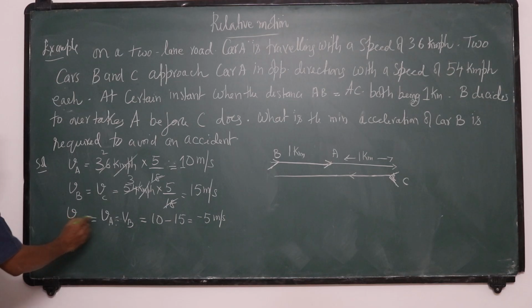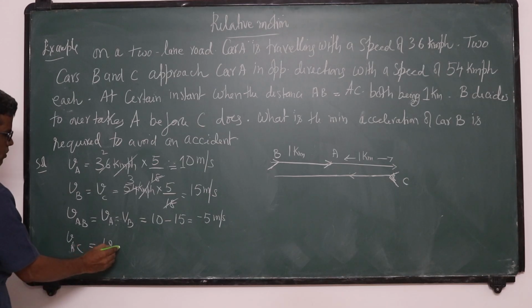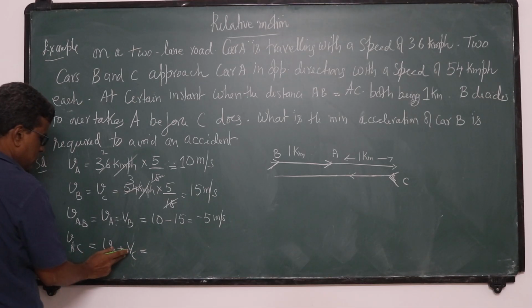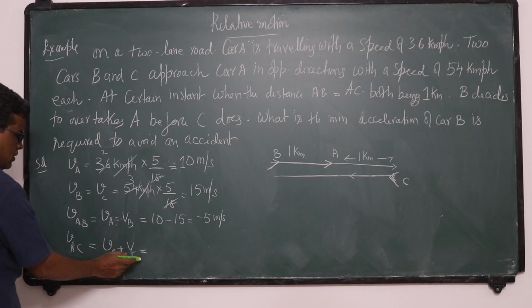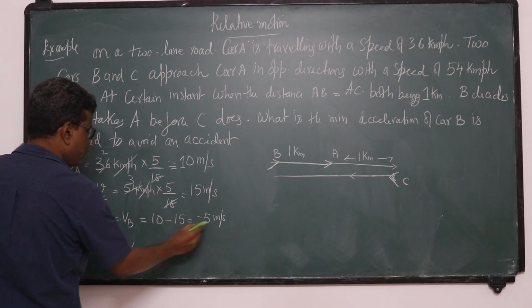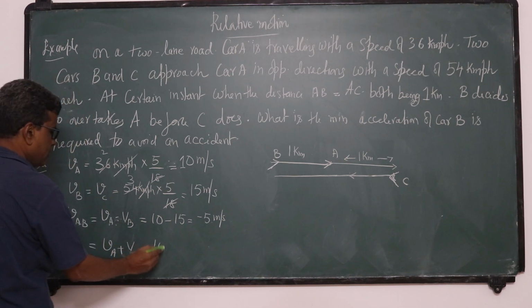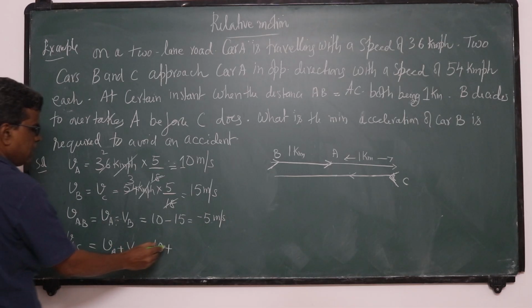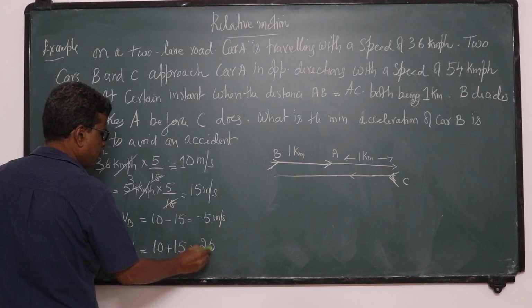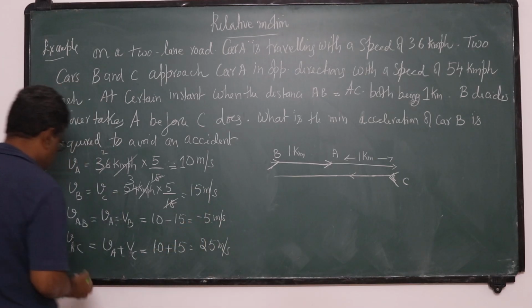What is the speed of A with respect to C? Since they are moving in opposite directions, VA plus VC. VA is 10, VC is 15, so 10 plus 15 is 25 meters per second.